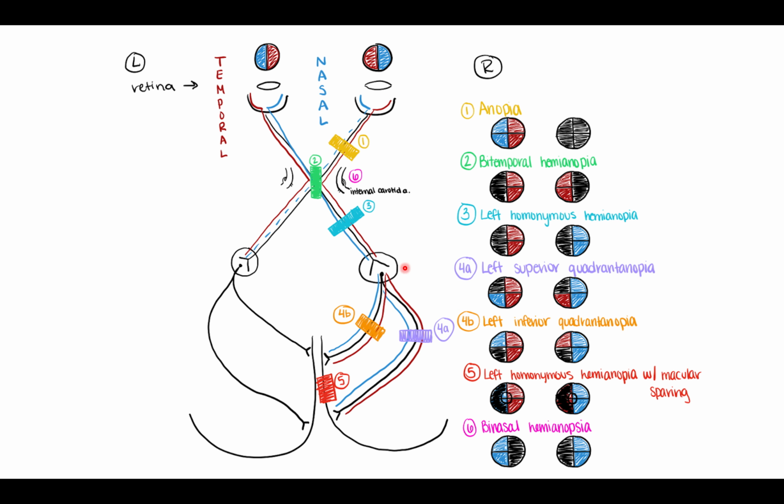Then we have these optic radiations, and I said, right, this one was parietal and this one was temporal. And so the parietal lobe is going to be more superior on your brain, but when you do this and you inverse it, this is going to cause an inferior quadrantanopia down here, versus the temporal lobe is going to cause a superior quadrantanopia.